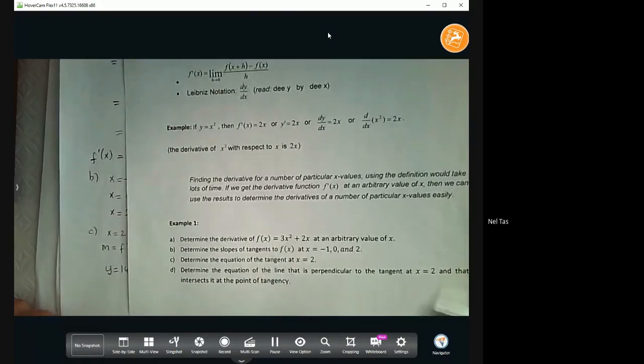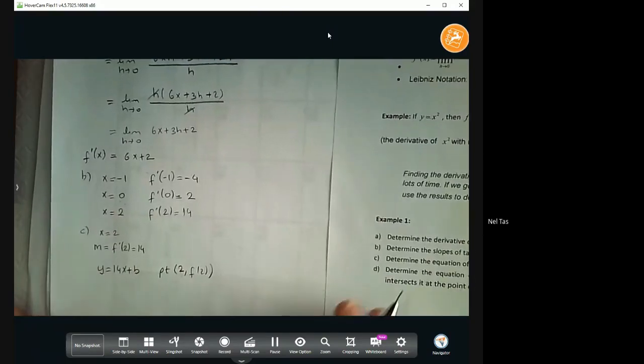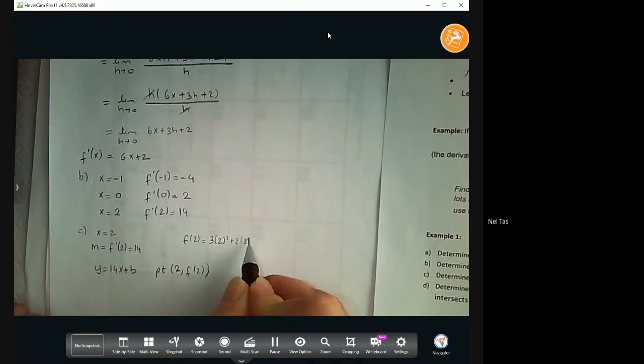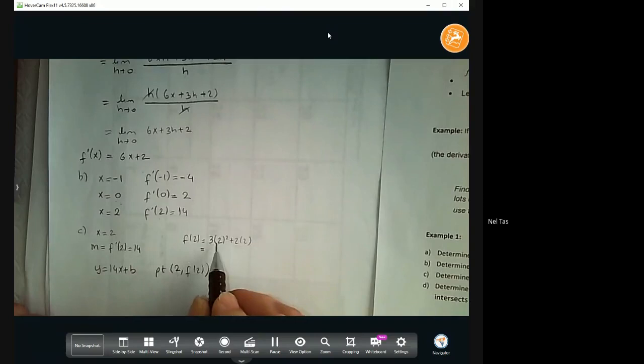Okay, so f of 2. Let's calculate f of 2 here. Three times 2 squared plus 2 times 2: 12 plus 4, 16. Okay, so that point is (2, 16).